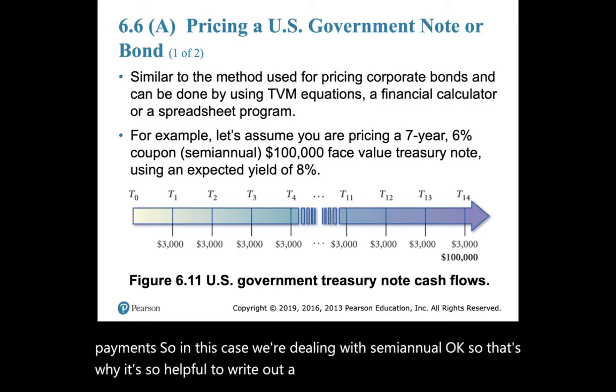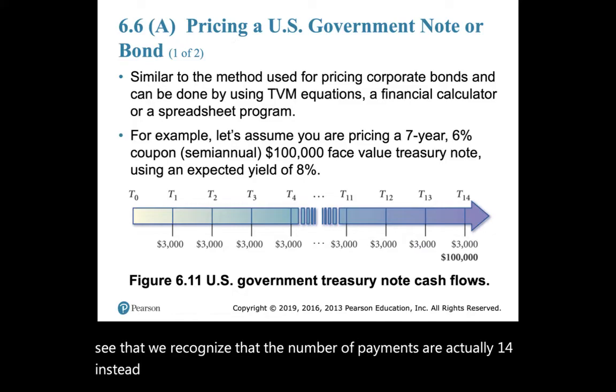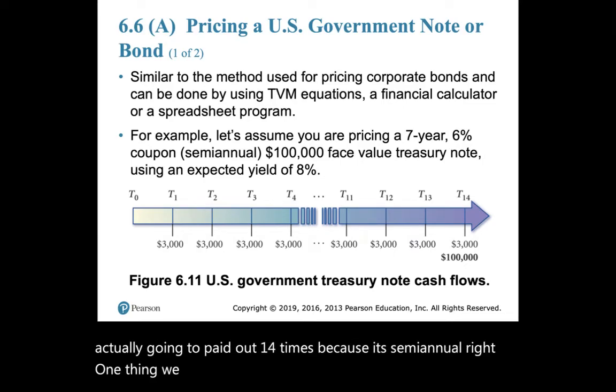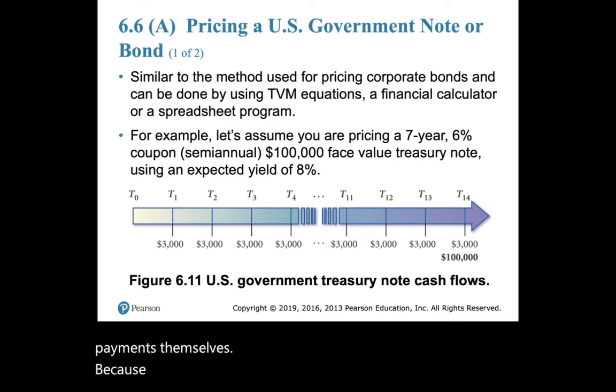Because we can actually see that we recognize that the number of payments are actually 14 instead of 7. Even though it's a 7-year bond, we know that we're actually going to get paid out 14 times because it's semi-annual, right?